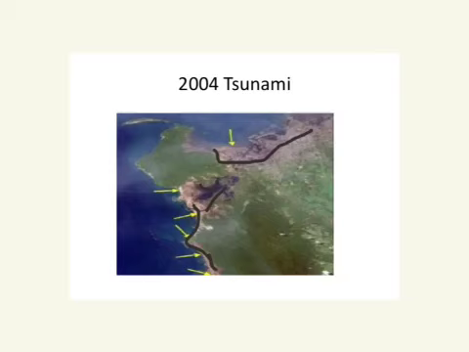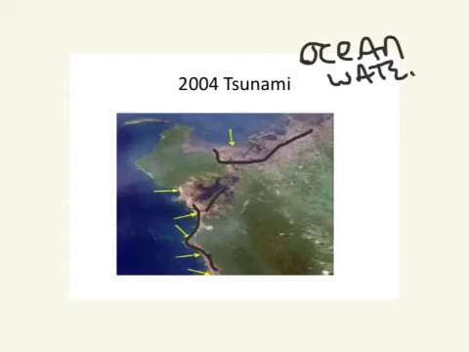And what this is showing you is how far the ocean water was carried inland during that tsunami, because the salt water has actually killed the vegetation, the plants that were growing on the land where this particular part of the tsunami hit. So you can see how far inland that ocean wave, that tsunami, actually traveled, because all the brown there is the vegetation that has died because of that salt water.